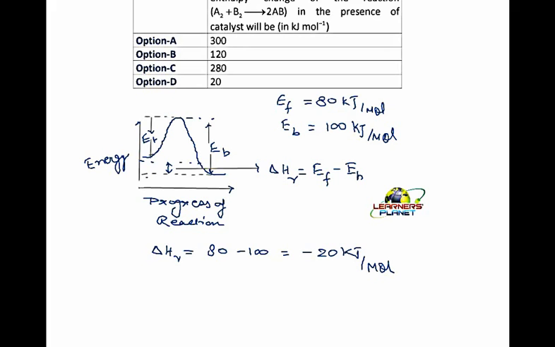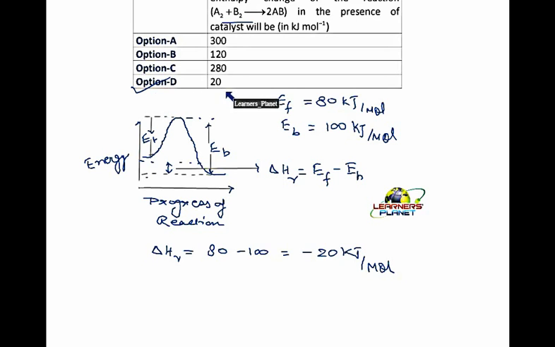which is equal to minus 20 kilojoule per mole. Right? That is, it is an exothermic reaction, and this is 20. Say the forward reaction is an exothermic reaction. Okay? Or this complete reaction is an exothermic reaction. It is 20 kilojoule per mole.